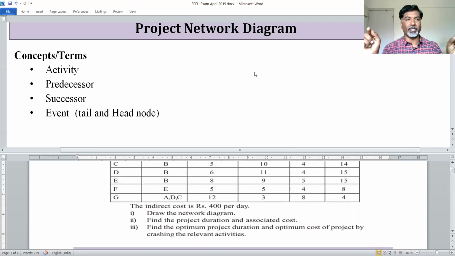For every activity, we use two events, from when the activity started to when the activity ended. To represent that, we use circles, and the circles are called events. The node from where the activity starts is called the tail node, and the node where the activity finishes is called the head node.